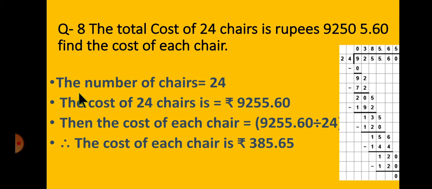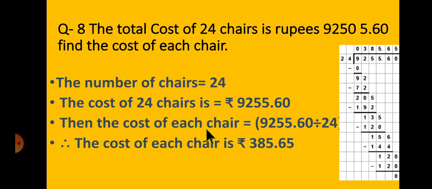So let's see how we solve. The total number of chairs is 24. The cost of 24 chairs is given, which is 9255 rupees 60 paise, and we have to find the cost of each chair.